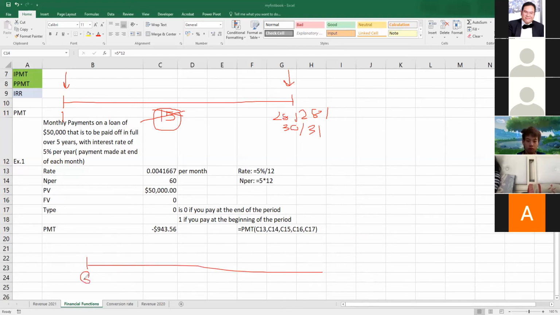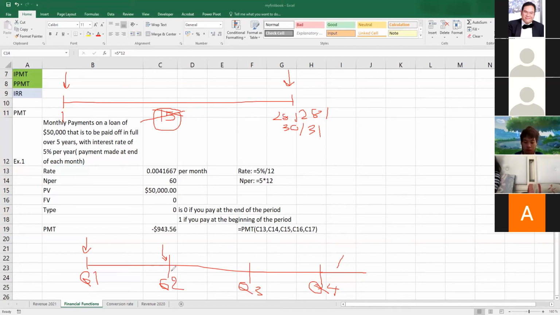Suppose this is Q1, this is Q2, this is Q3 and this is Q4 of each year. When you pay at the beginning of the quarter, that means you pay on the first day that quarter starts. And if you would like to pay at the end of the quarter, you pay on the last day of the quarter before the next quarter starts.